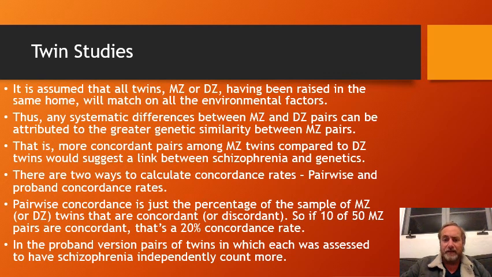So that should make sense. The proband version places more weight on pairs where each one was assessed to have schizophrenia independently. And in the study we're going to see, we'll use proband rates. Don't worry about it. Just think of it again as basically what percentage are concordant pairs. That's the main thing.